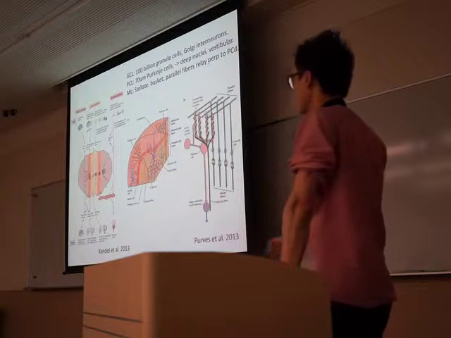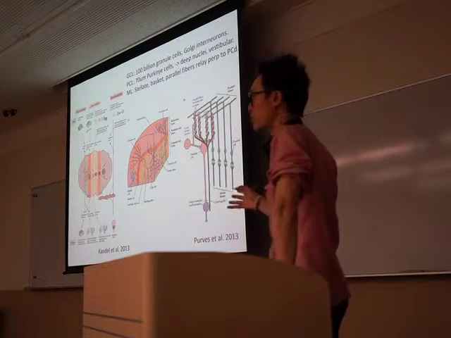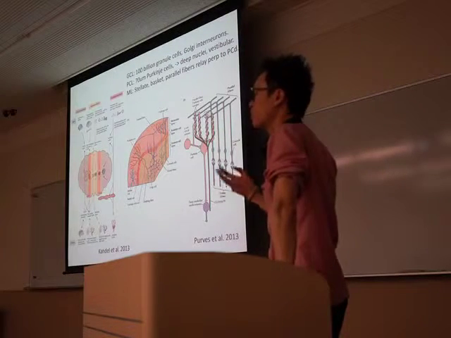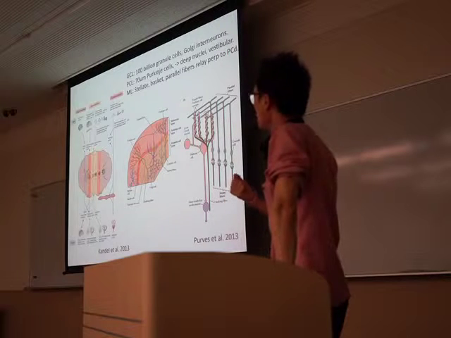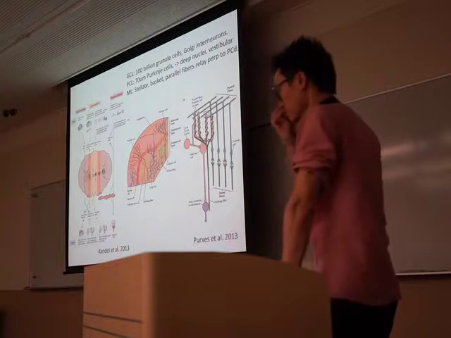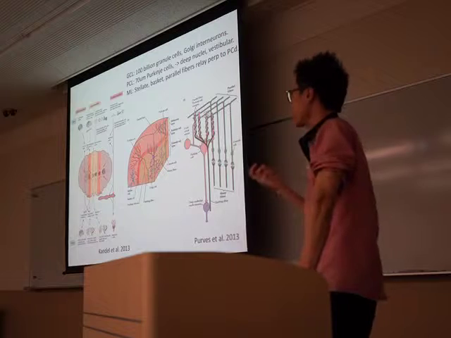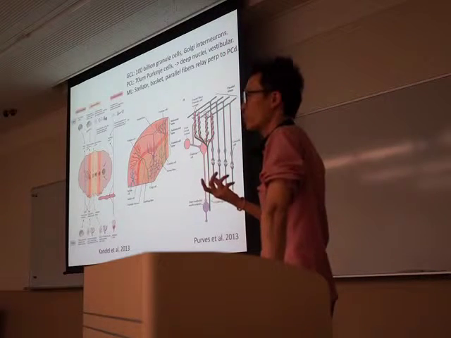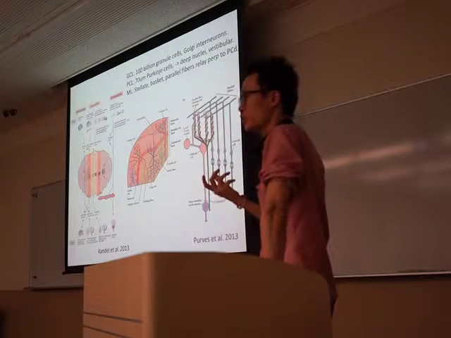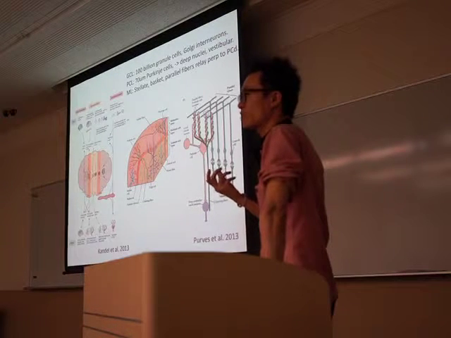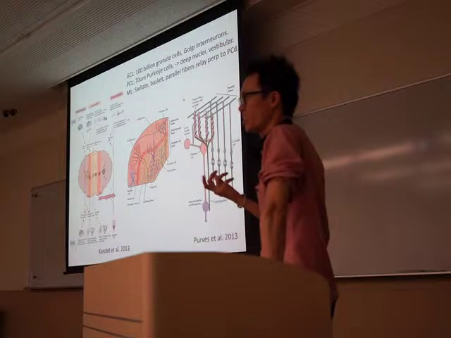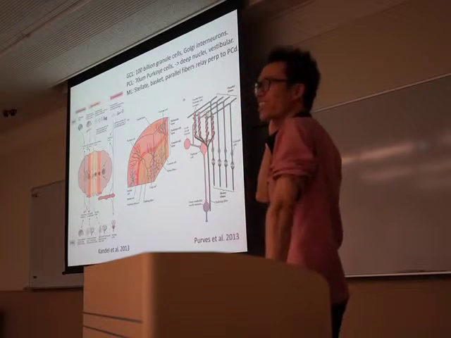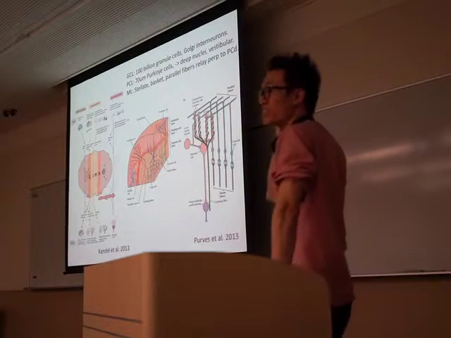I talked about deep nuclei before. This is the cerebellar cortex. The cortex output are the Purkinje cells. It turns out, though, interestingly, that the Purkinje cells, even though they're the output of this cerebellar cortex system, they're actually inhibitory. So there's a lot of intricacies in the brain, right?